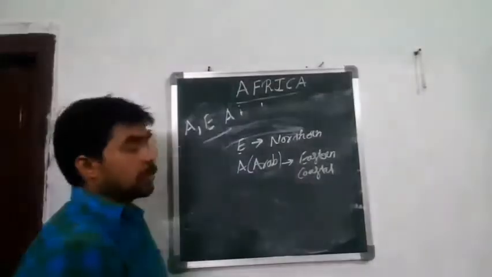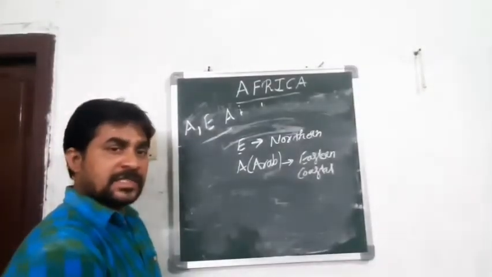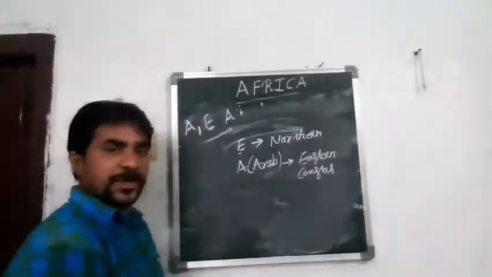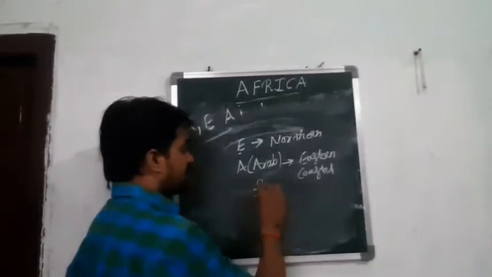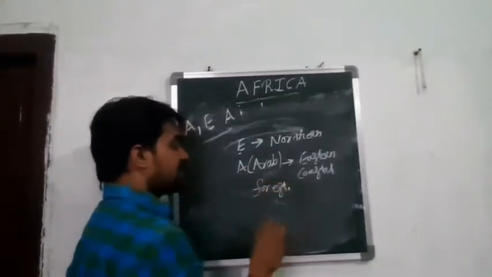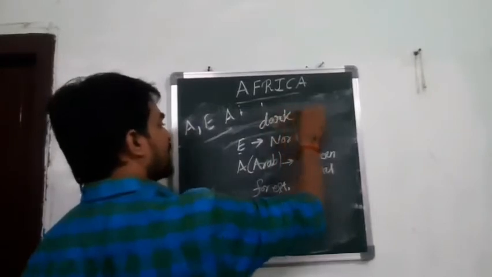So no one knew about the African continent, and the people of Europe and Asia felt that it was a forest. Because of that, Africa was called the dark continent for many years.